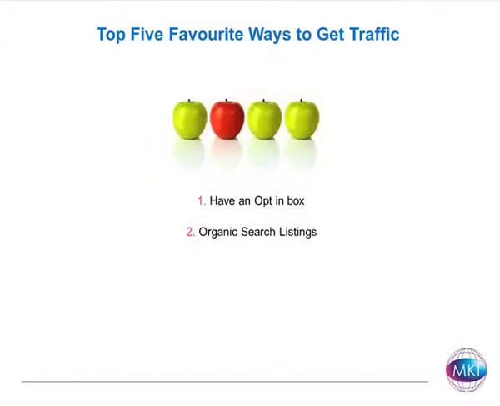Organic search listings are also called SEO, or search engine optimization. Let's say, for instance, you were to go to your search engine and type in weight loss. I would call that weight loss a keyword. When I talk about keywords, it's whatever you're choosing to write into the search bar of your search engine.